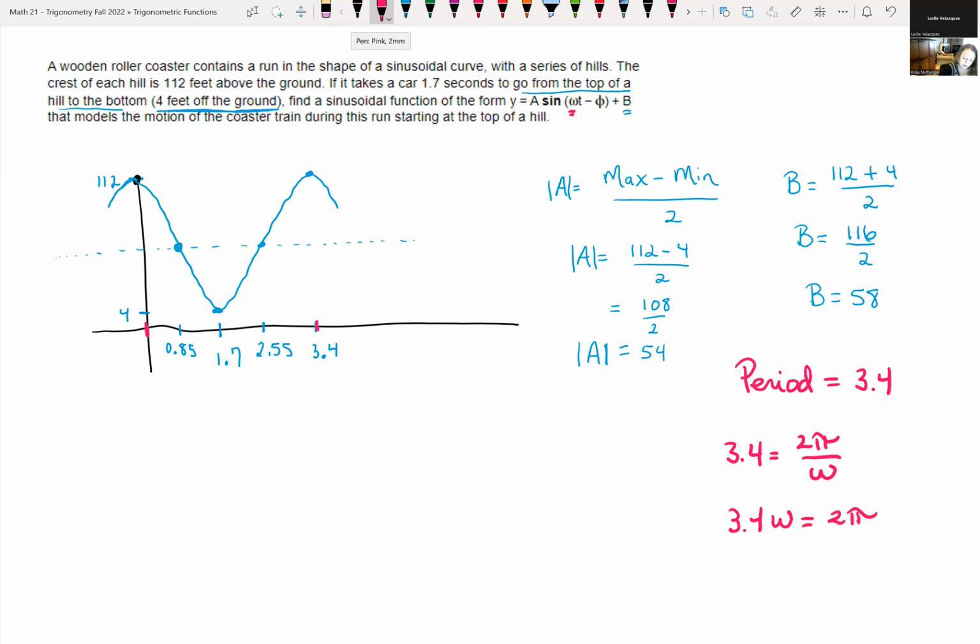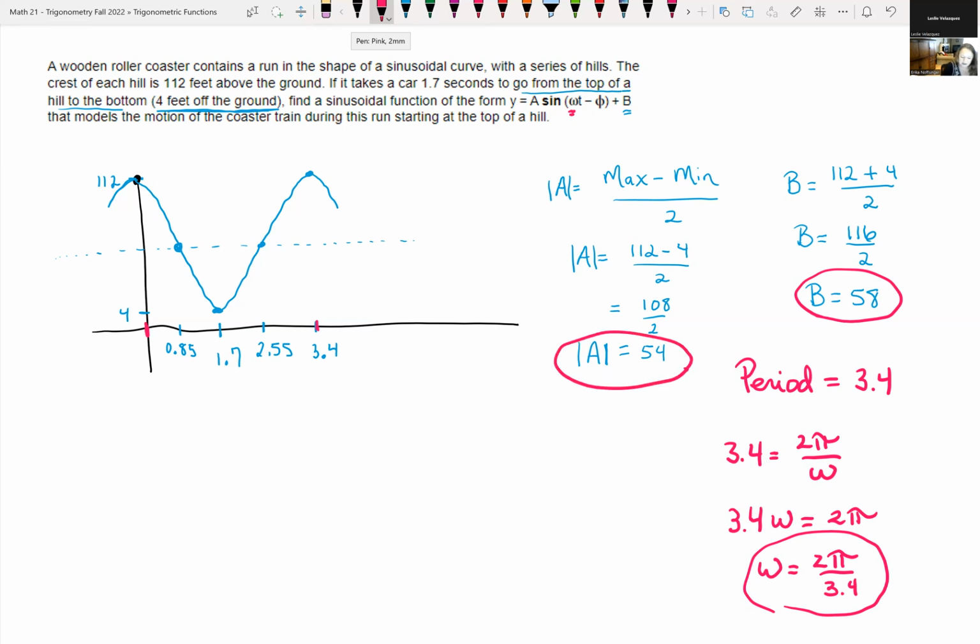Divide by 3.4, and we get omega is 2 pi over 3.4. I'm just going to leave things in exact form unless it tells me not to.